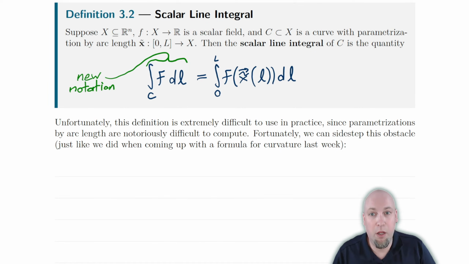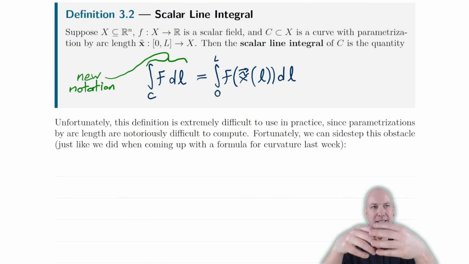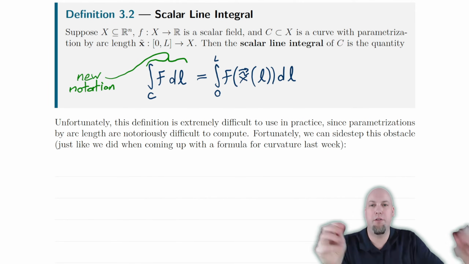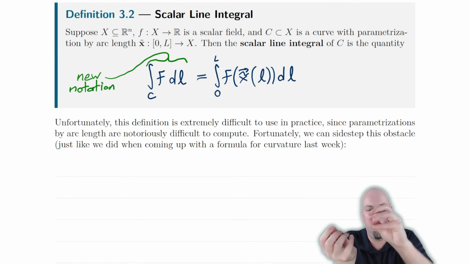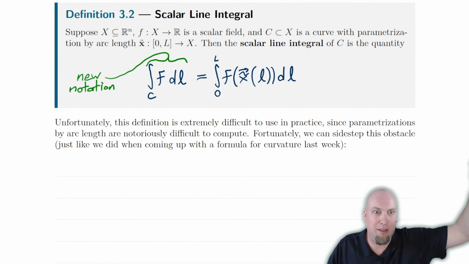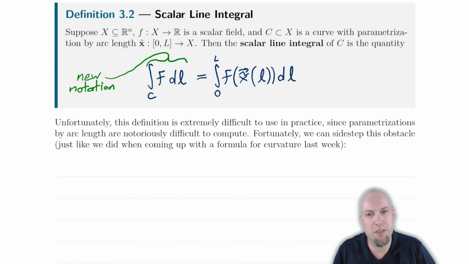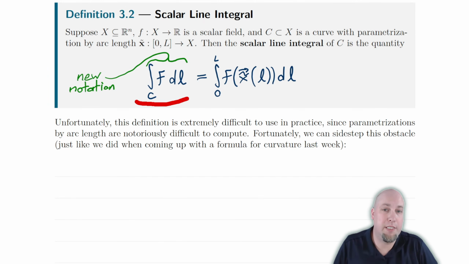It's the integral over the curve C of the scalar field with respect to arc length, okay? That's what this dl means here. Like if you do an integral dx, that means you're accumulating values in the x direction. dl means I'm accumulating values per piece of length, of arc length of the curve. So this over here is just our notation for scalar line integral.